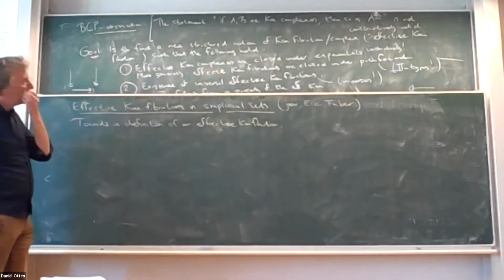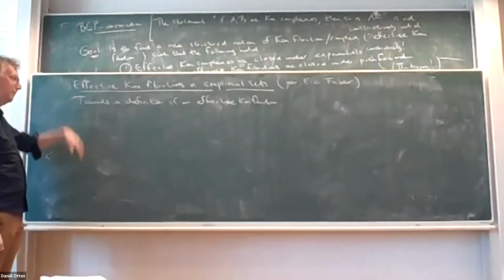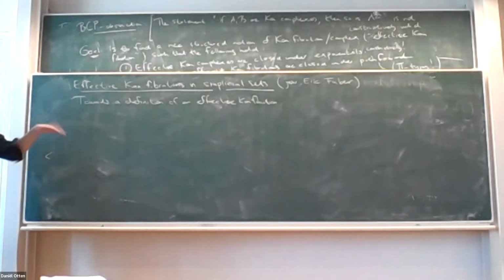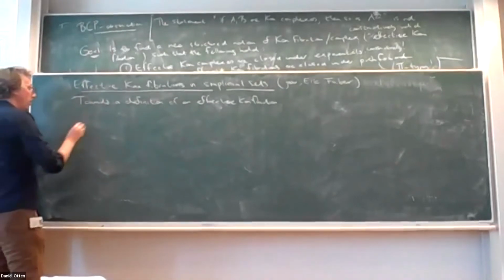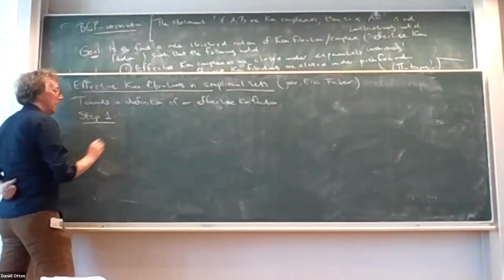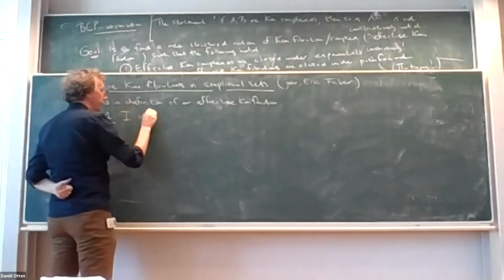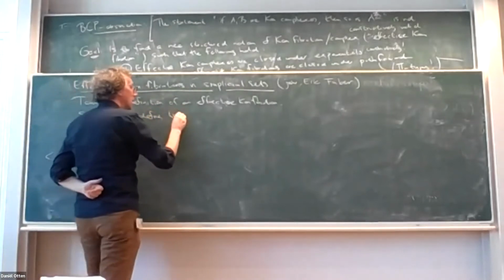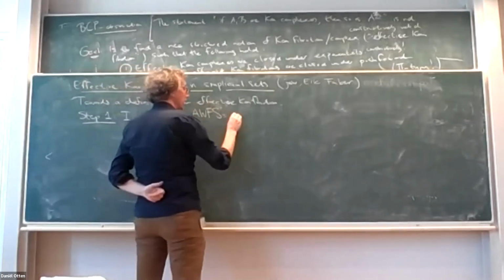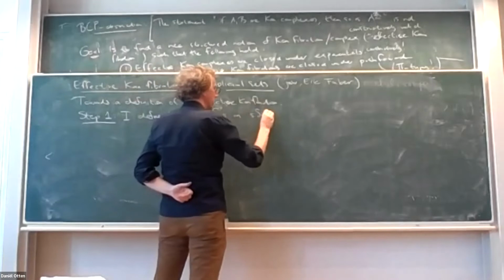So our definition, okay, well, we're not going to be able to, so it will take several steps. So step 1 is I define 2 algebraic weak factorization systems on the category of simplicial sets.